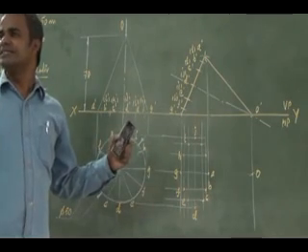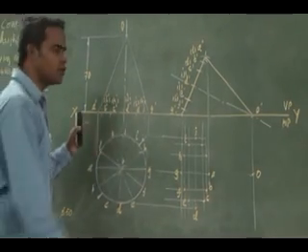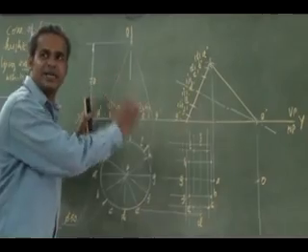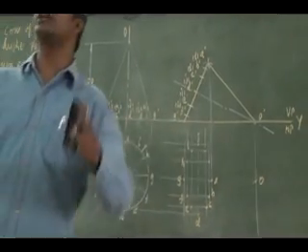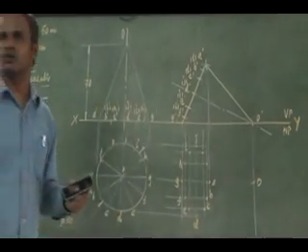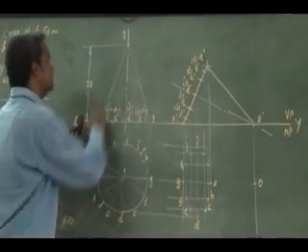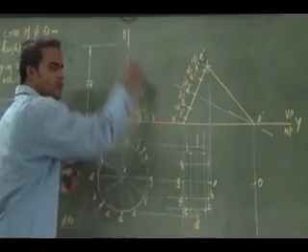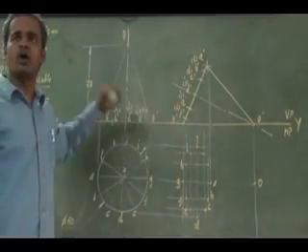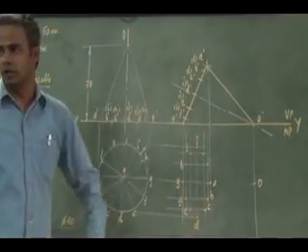Similarly in your cylinder. As for cylinder and cone, the extreme generator alone will be shown in your front view and top view. What is the extreme generator here? AO and GO. That alone will be visible for me. So the cone will be seen as a triangle in my front view.